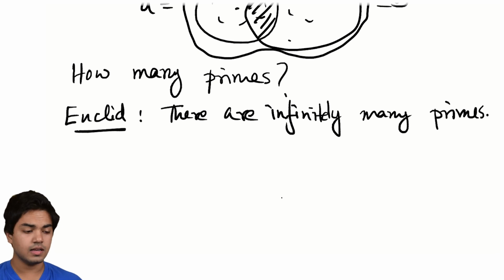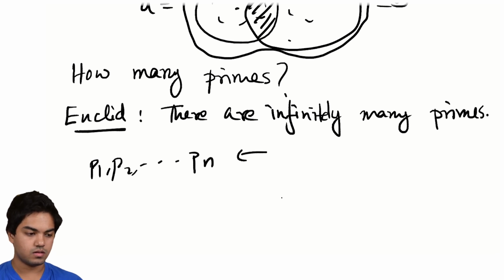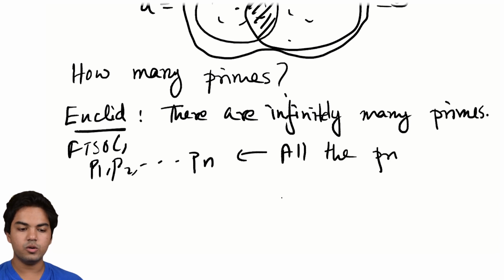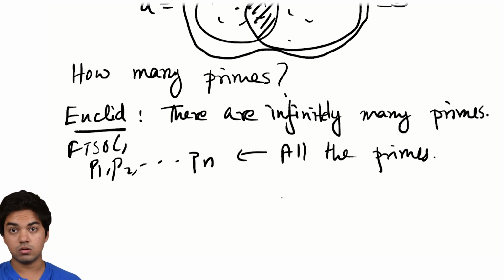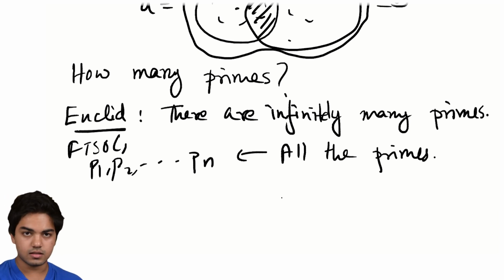So say there are only finitely many primes: P1, P2, all the way up to Pn. For the sake of contradiction, say these are all the primes. What we'll do is construct a number that none of these primes can divide, so a new prime has to occur. That's it.